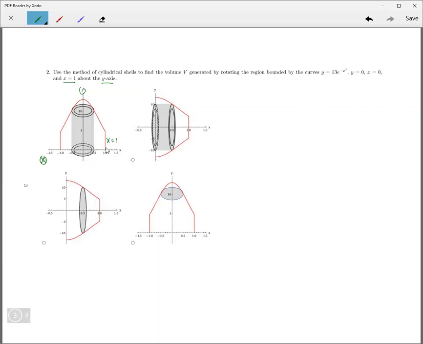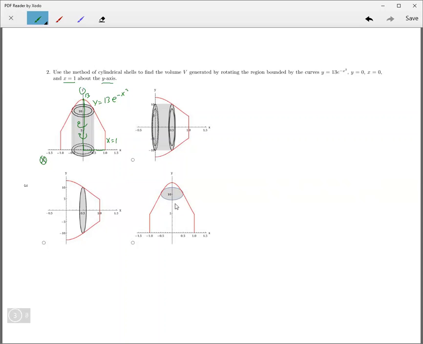There's the curve x equals 1. This part right here is y equals 13 e to the negative x squared. So when x is 0, it's up at 13. That doesn't figure into the calculations, but that's 13. And then y equals 0 is right here, and x equals 0 is right here. So it's this region here that's being revolved around the y-axis. There's a y-axis right there.